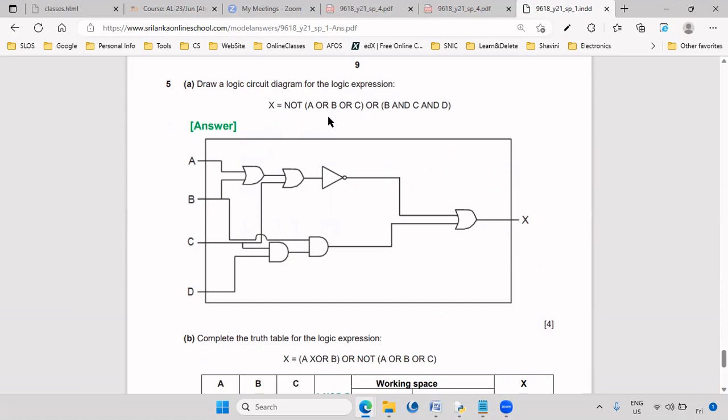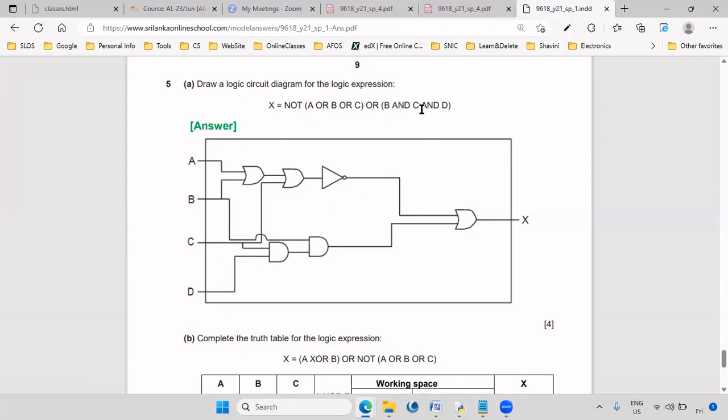NOT (A OR B OR C) means first take A OR B OR C. First A OR B, and then C with the result of A OR B. Then NOT. That will complete this: NOT (A OR B OR C) with this NOT gate. And an OR gate here for this.